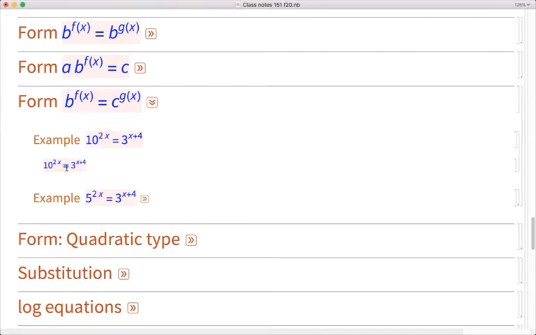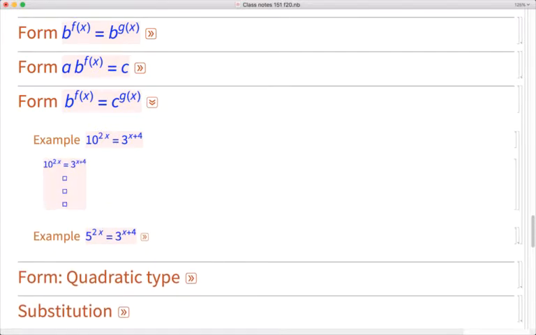So what we're going to do is take logs of both sides, and here the 10 is one of the bases, and so it strongly suggests that we take log base 10, or the common log.